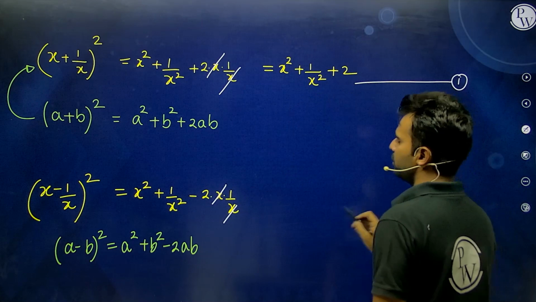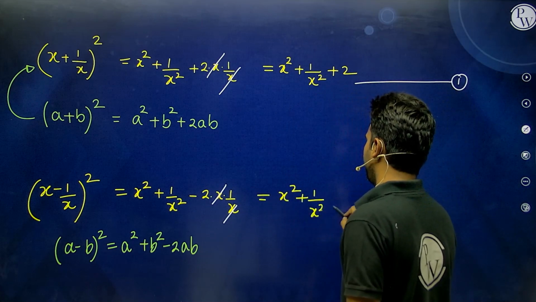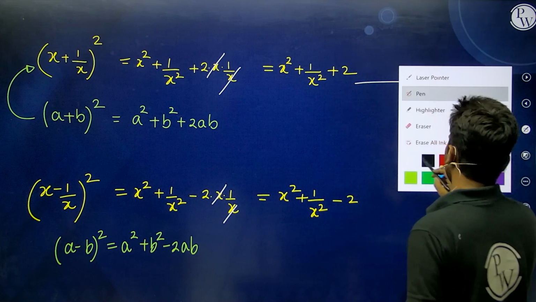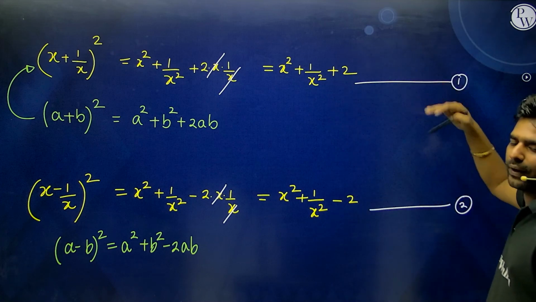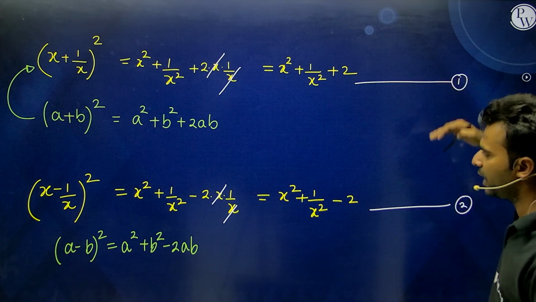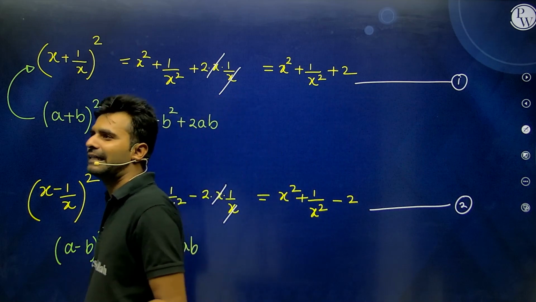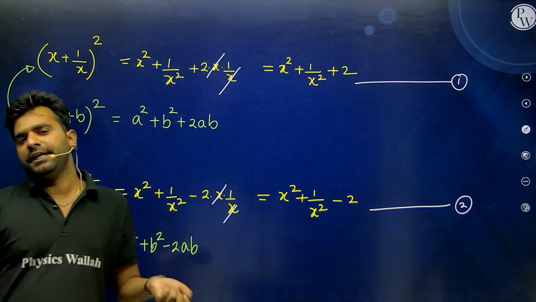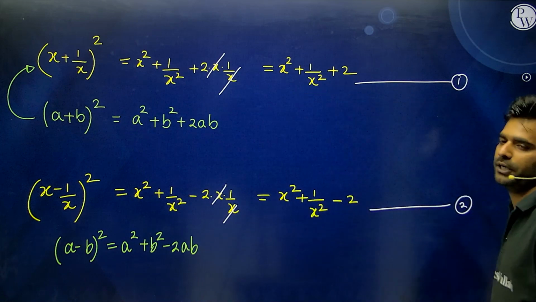Similarly, we can write down this equation like this. Let me call this equation as equation number 2. Now these two equations which I have written, equation 1 and equation 2, are very, very important, especially in JEE questions. I'll tell you why these are very important questions.